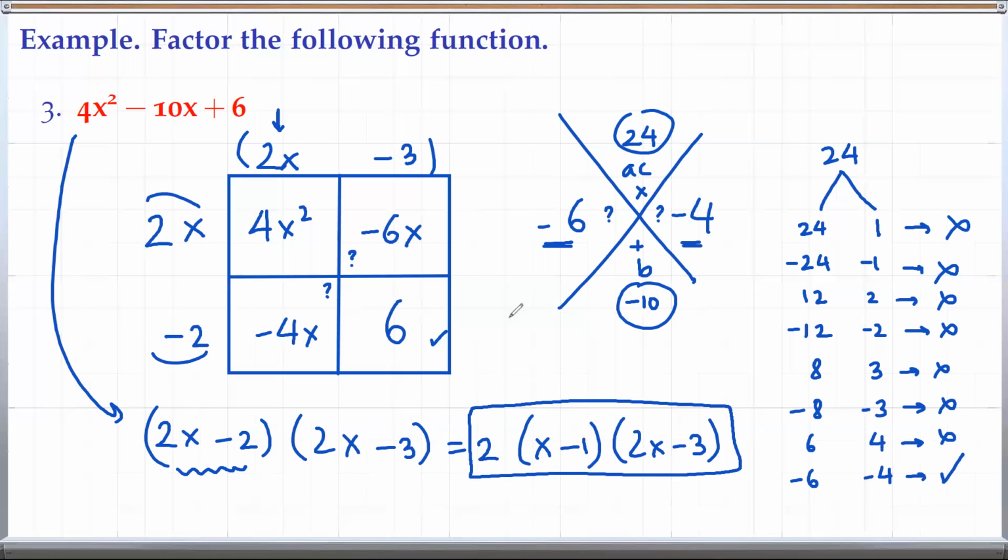All right, so we are done with this example, but like I promised earlier, let's look at a different column or row instead of this first row and repeat the same process. So I'm going to erase all this here. All right, so this time we will use this column between negative 6x and 6. It's easy to see that 6 is the highest common factor.